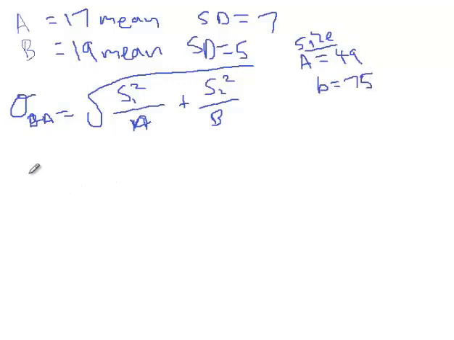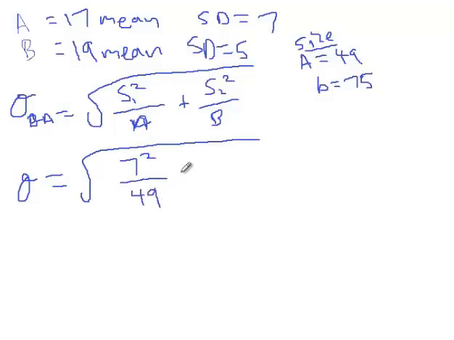So let's go ahead and figure this out. The standard deviation for A was 7, so 7 squared, divided by the sample size, which was 49, plus the standard deviation for B, which was 5 squared, divided by the sample size for B, which was 75.